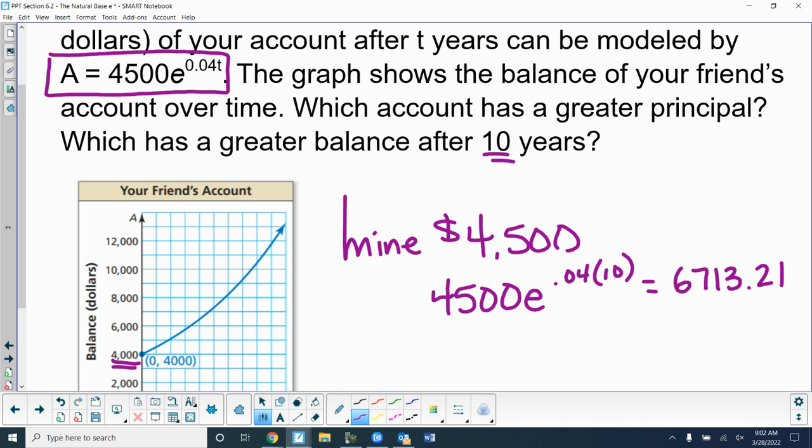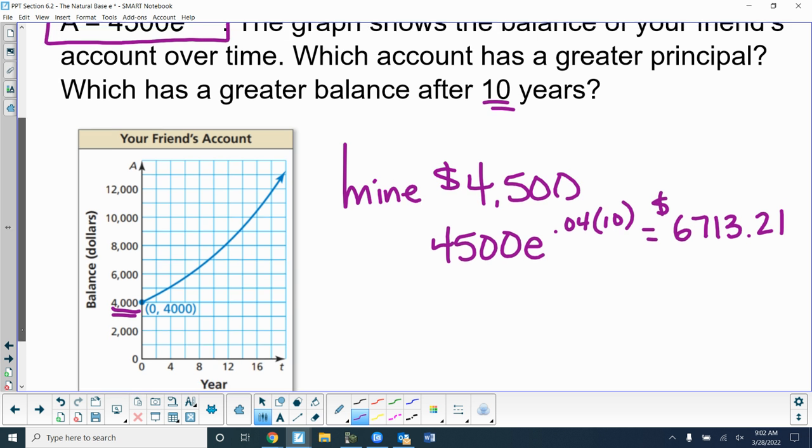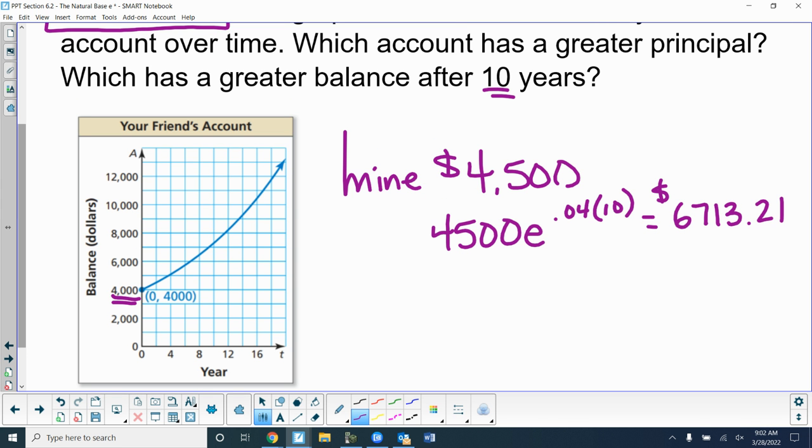Yeah. Okay. Now, let's look at the graph. At 10 years is here, right? Okay. How much money is that? Over 7,000. Yeah.